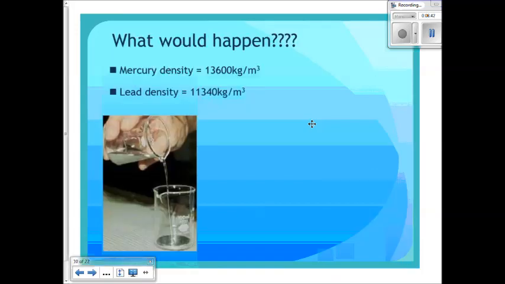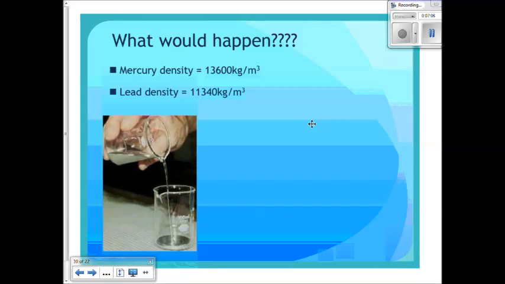So if we had mercury and lead, based off of their density values right here, in kilograms per meter cubed, what would you say would happen? Is the lead going to sink in the mercury liquid, or is the lead going to float on top of the mercury liquid? The lead is going to float on top of the mercury liquid.